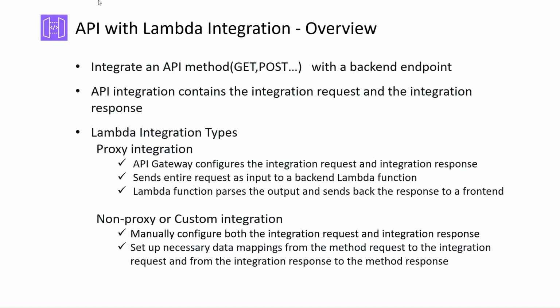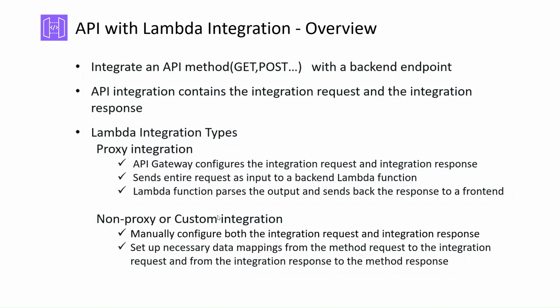Next, Lambda non-proxy integration. In Lambda non-proxy integration, the input to the Lambda function should be provided as the integration request payload. The API Gateway lets us control how requests are transformed before they are sent to the backend and how responses are returned.